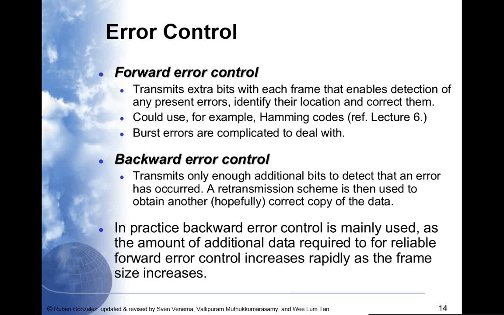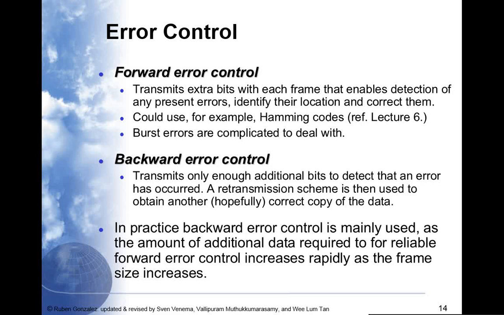The other model here is backward error control. We just transmit enough information to know if something is wrong. And remember the Hamming distance, that was much easier to do. So when you get an indication that something's wrong, you don't compute what's wrong and how to fix it. You just say, okay, give me another one. In practice, backward error control is mainly used. It depends on the environment, but mostly you will do that because it's more efficient.